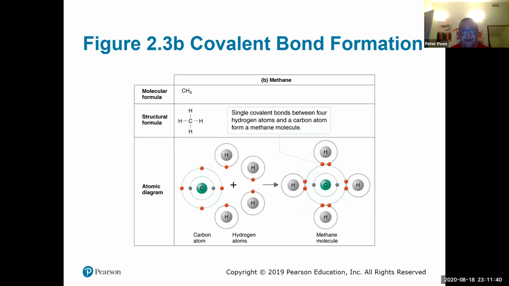Here, carbon has 4 valence electrons, and each of the valence electrons can share with 1 hydrogen. Those are bonds that form. So what you get is CH4. This is methane.